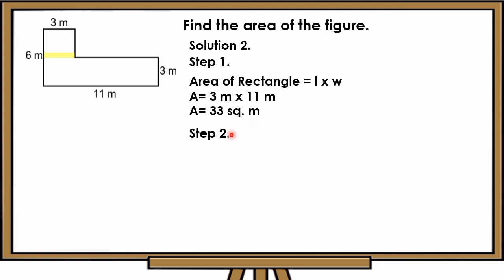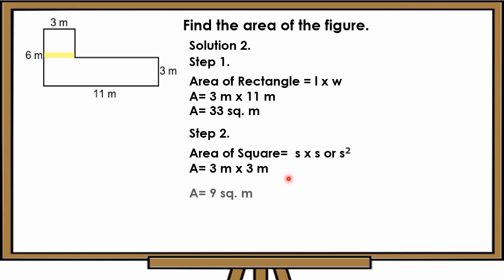For step 2, let us get the area of this square. Our solution is S times S or S squared. Area is equals to 3 meters times 3 meters is equals to 9 square meters.